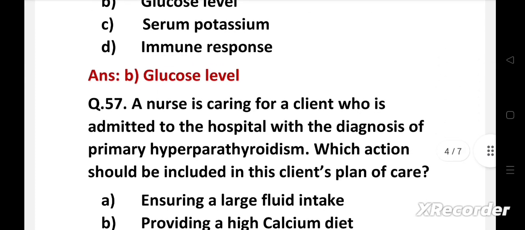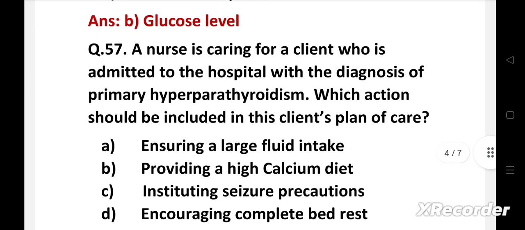Next question. A nurse is caring for a client who is admitted to the hospital with the diagnosis of primary hyperparathyroidism. Which action should be included in this client's plan of care?